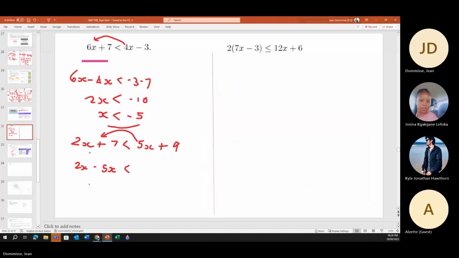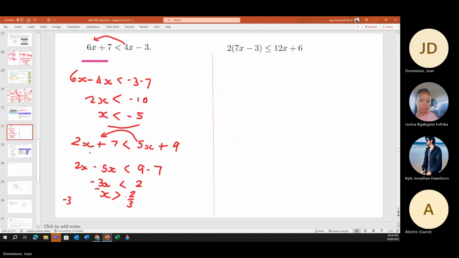So we're now taking it to that side. On this side, it's 9 minus 7. So we've got minus 3x, which is smaller than 2. Then, because we're going to divide by minus 3, we're going to swap that around.